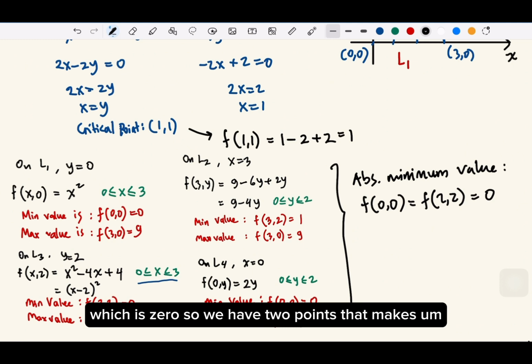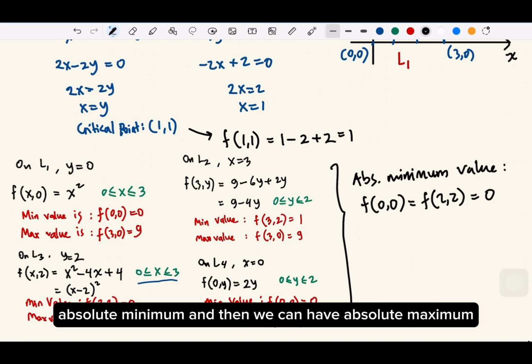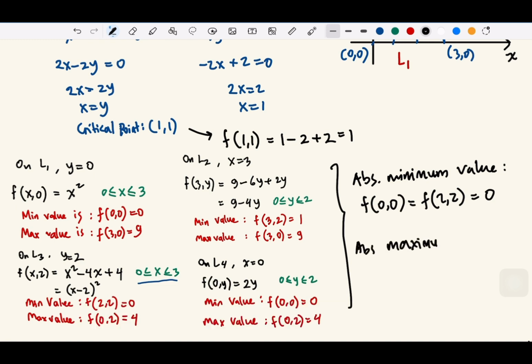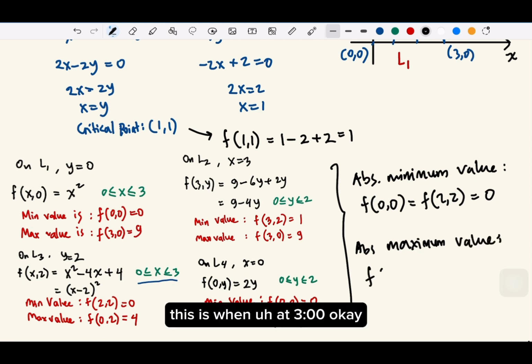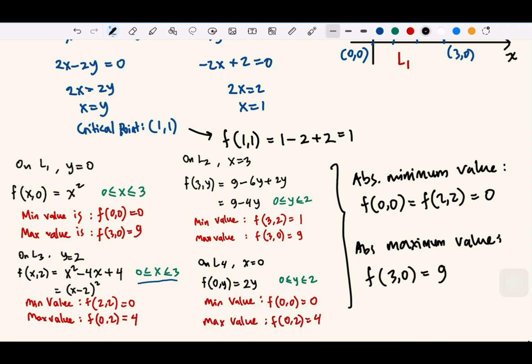So we have 2 points that make the absolute minimum, and then we have the absolute maximum. This is at (3, 0), okay?